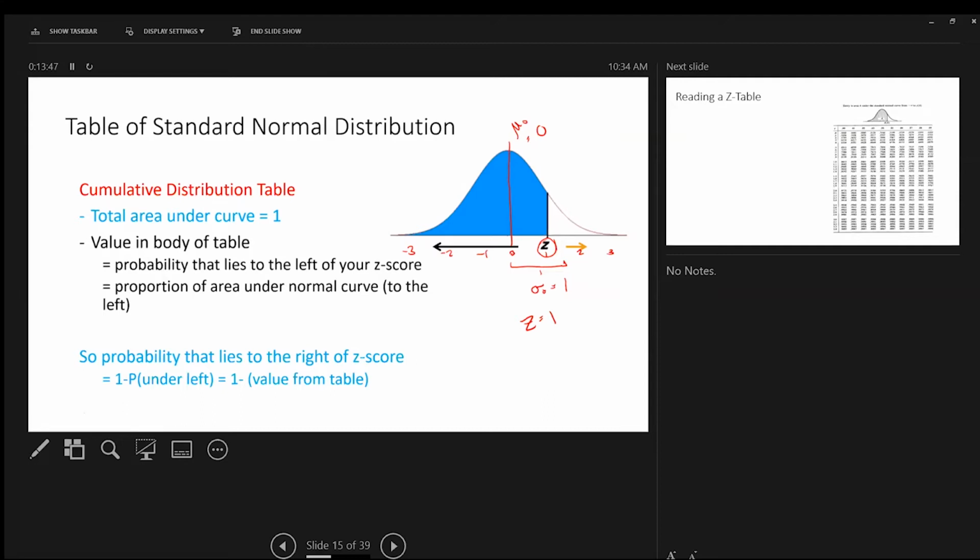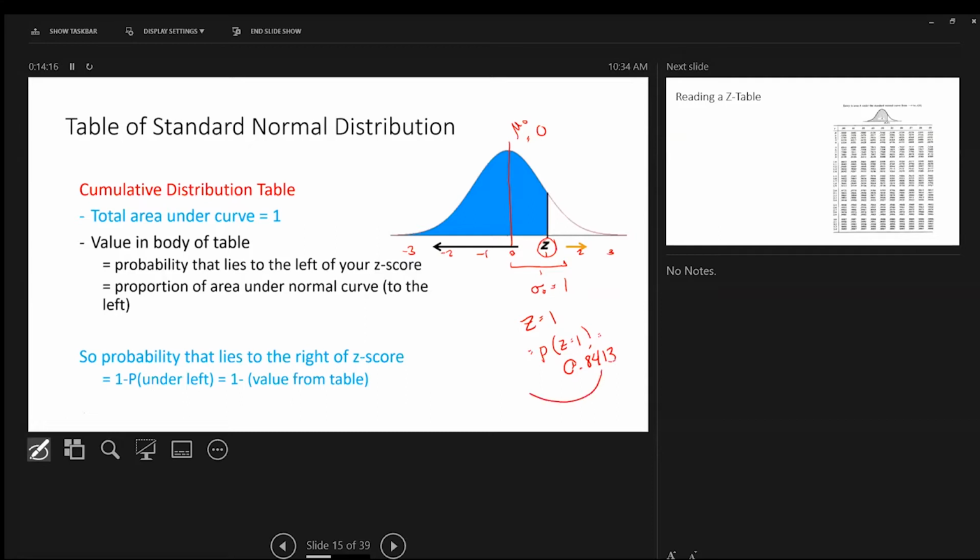So a z of 1, if I look that up on the table right now, if z equals 1, the probability of that is 0.8413. So the probability of z equals 1 is equal to 0.8413. That's just on the table in the back.